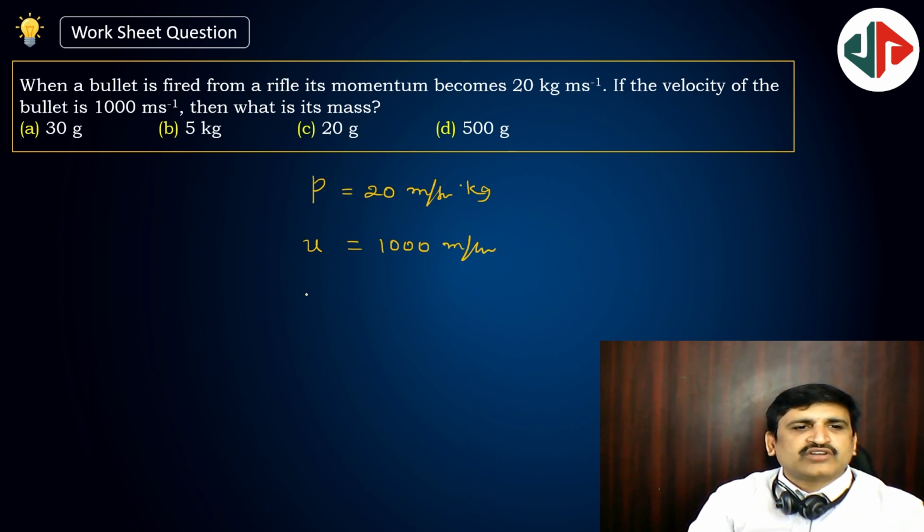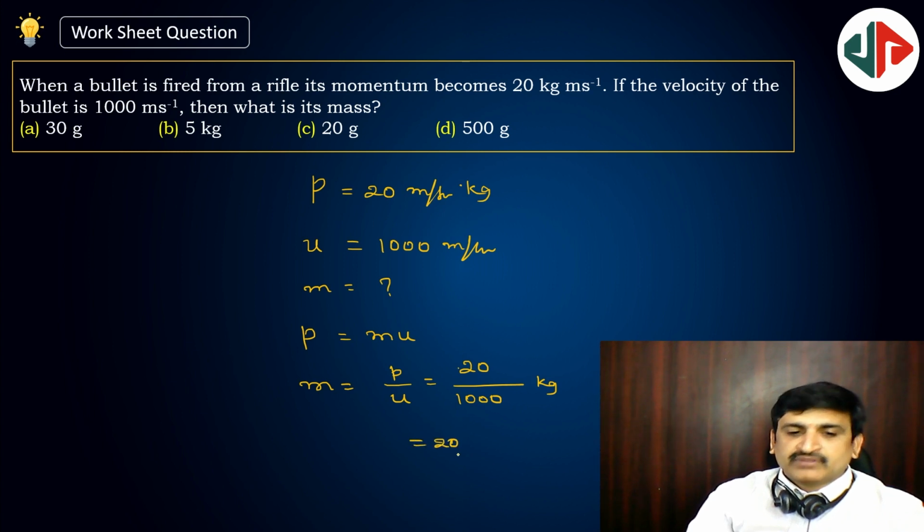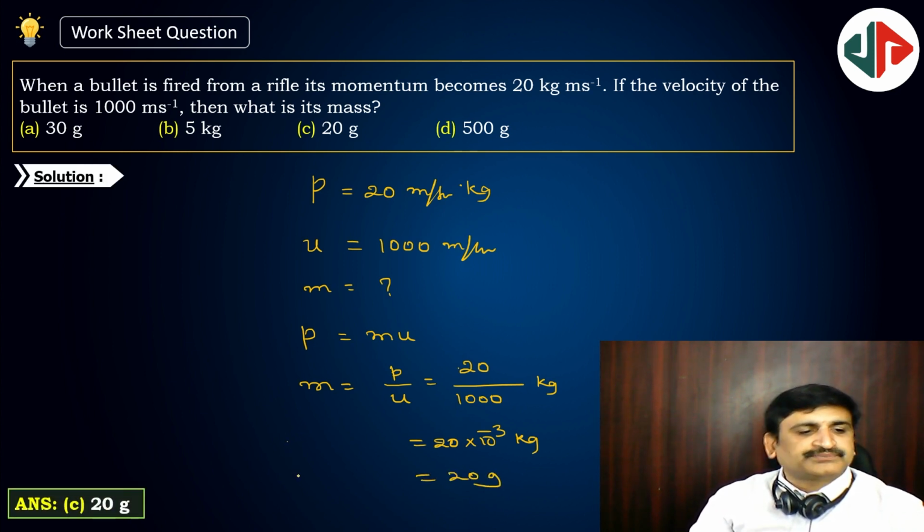Momentum p is equal to mass into velocity, so mass m is equal to p by u. P is 20, u is 1000. This will give you kg: 20 into 10 to the power of minus 3 kg, which is nothing but 20 gram. So you can select the option from here.